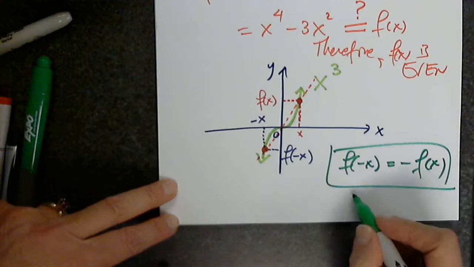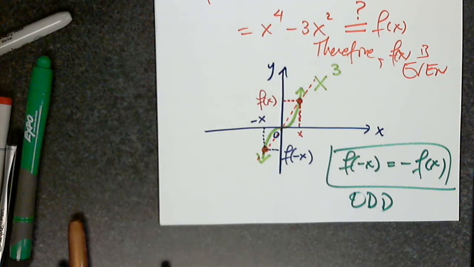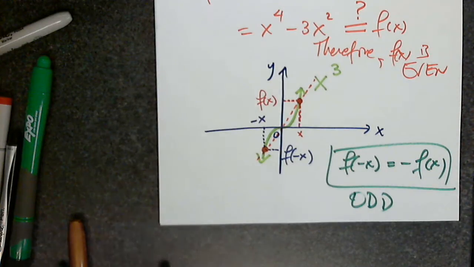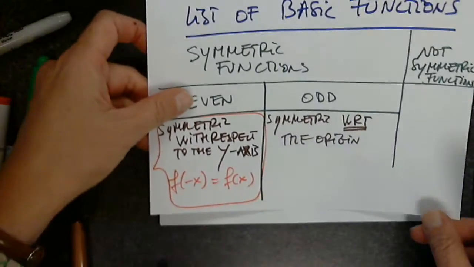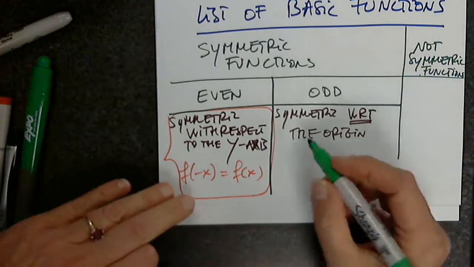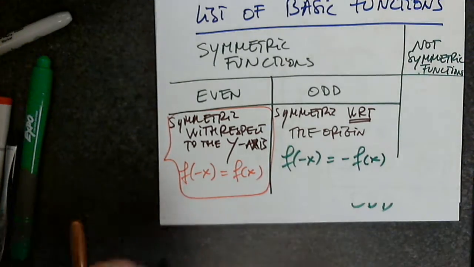So this is the relationship for any odd function: f of negative x is the opposite of f of x. So coming back to my little chart, if you want to go back and put it in, in this case f of negative x will be negative f of x.